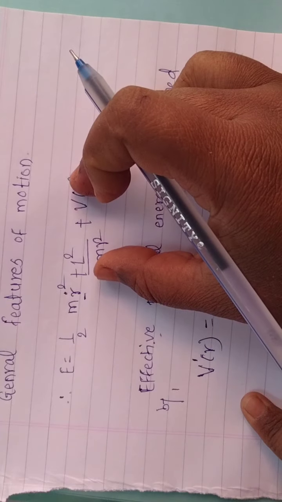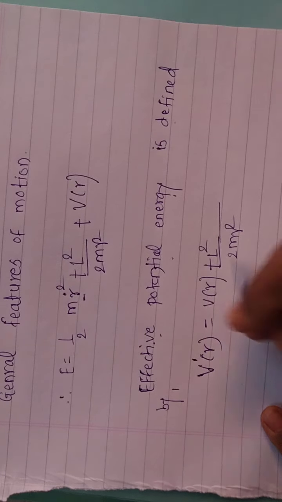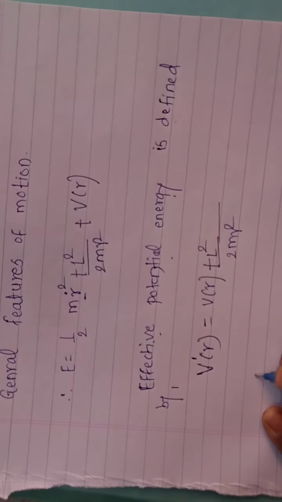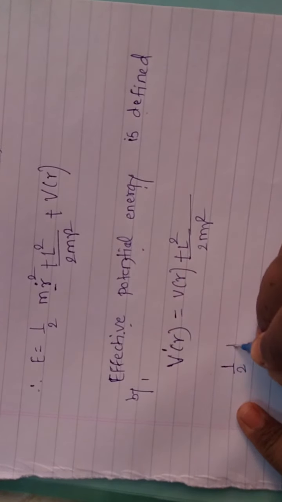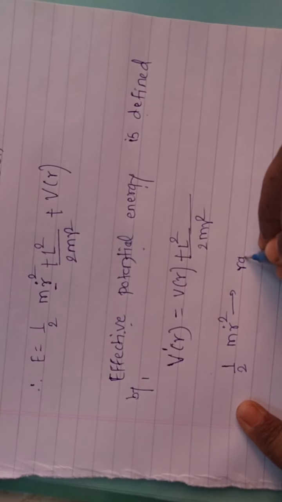This is the effective potential energy, and this term, 1/2 m r dot square, is the radial kinetic energy.